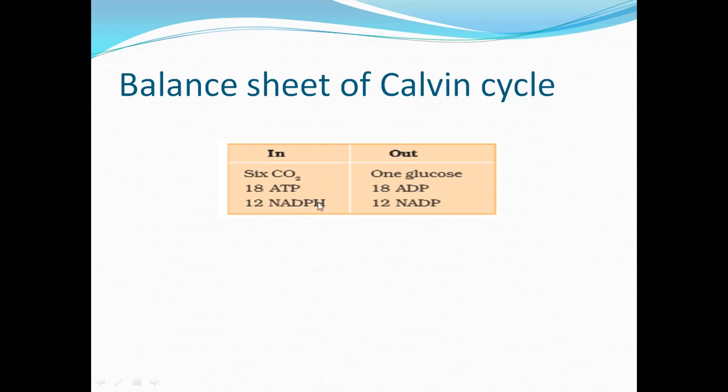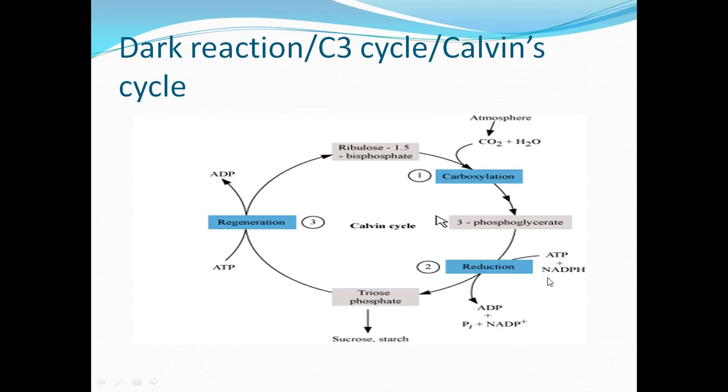Similarly, 12 NADPH are used. I think we have not explained this properly.